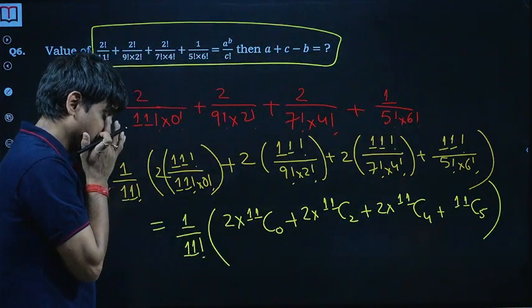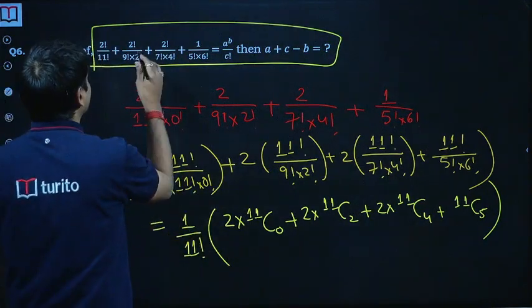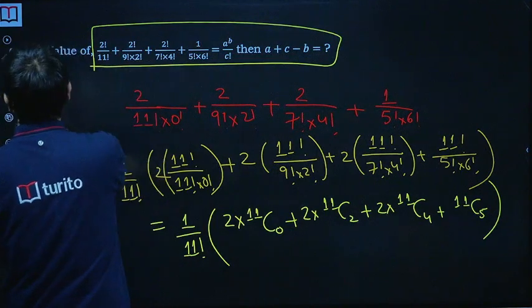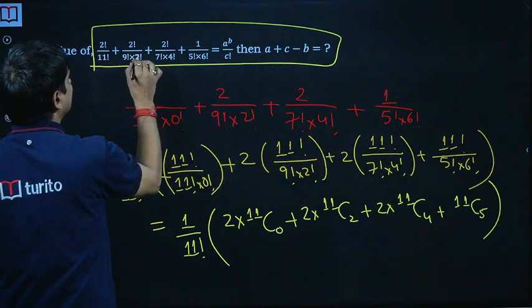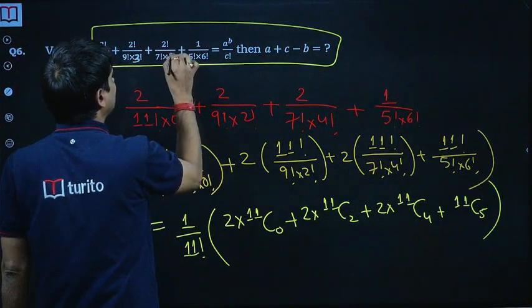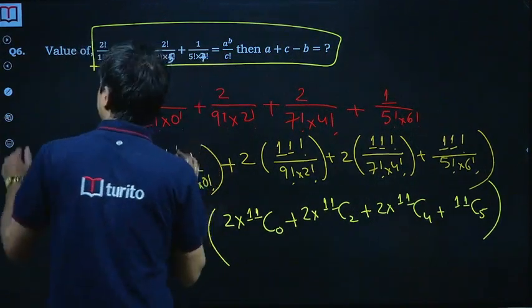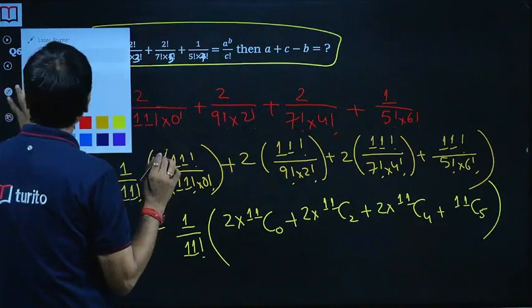12, 12C3, right. See, let me correct it. Instead of 2 factorial, I will write here, again I will say the importance of this is to have a question, to have an approach. Okay. So what do we have now? So we had a choice.